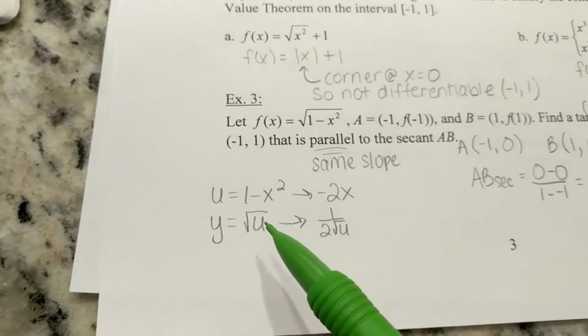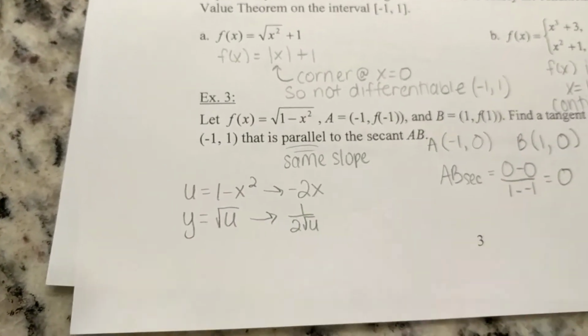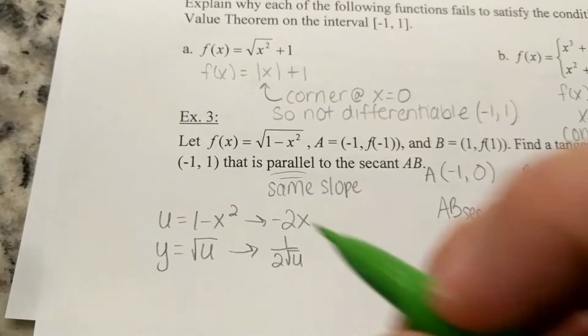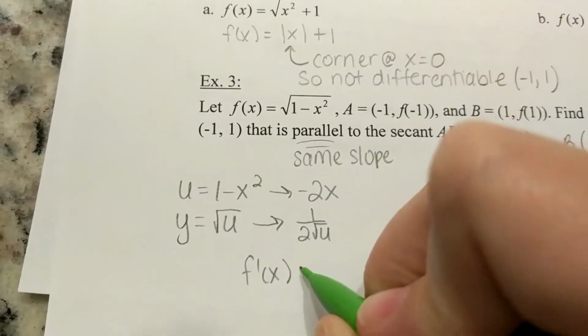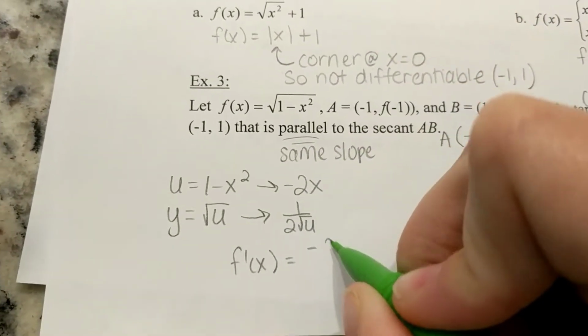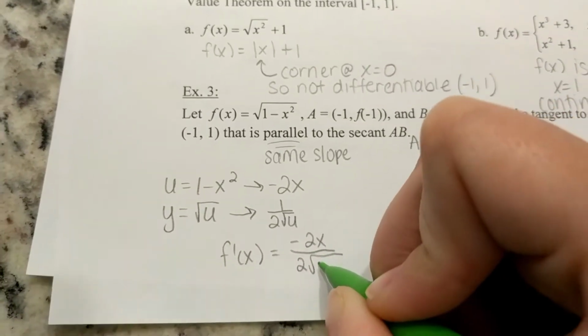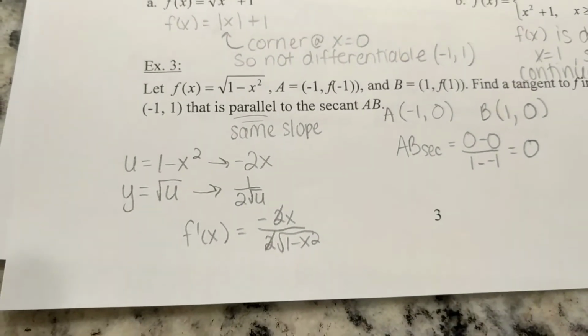We've done this one enough times. It's 1/2 u to the -1/2. And I'm just simplifying that. So when I put these together, I get that f prime of x is equal to -2x over 2 square roots of 1 minus x squared. And I can cancel those 2's.